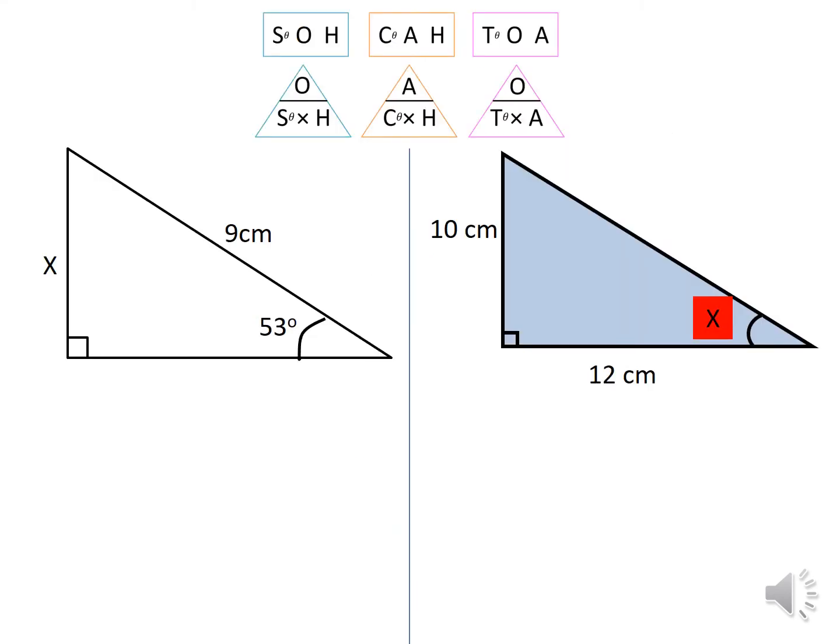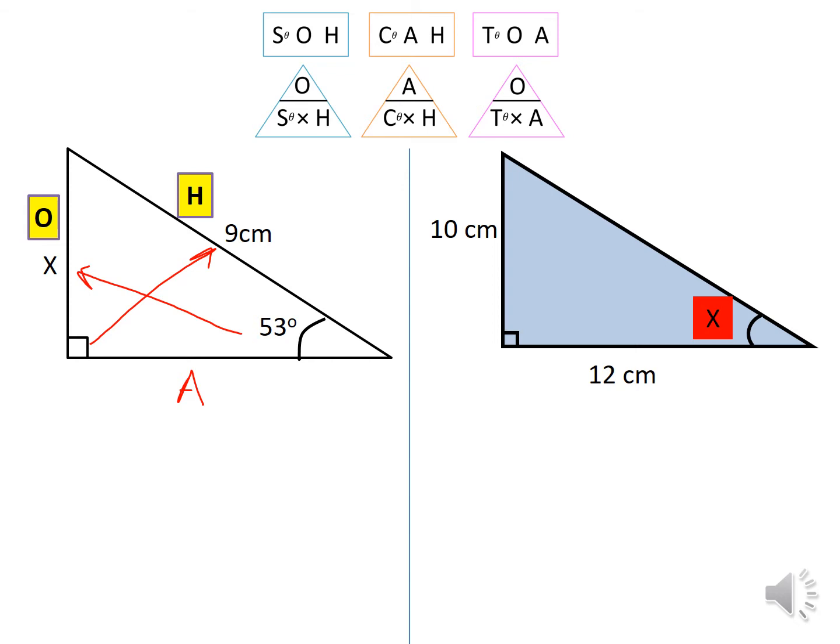Alright guys, this is a quick reminder on how to label the right angle triangles to pick the right trigonometry formulas. So let's look at the first one on the left. Opposite the right angle is my hypotenuse, opposite the angle is my opposite, and we're left over with the adjacent.